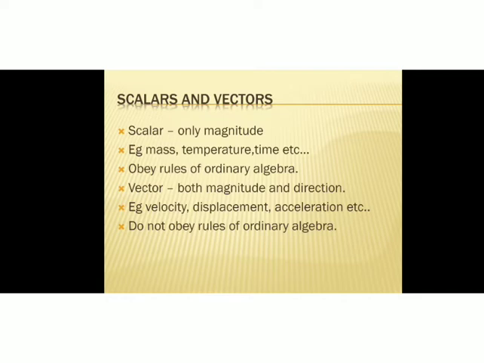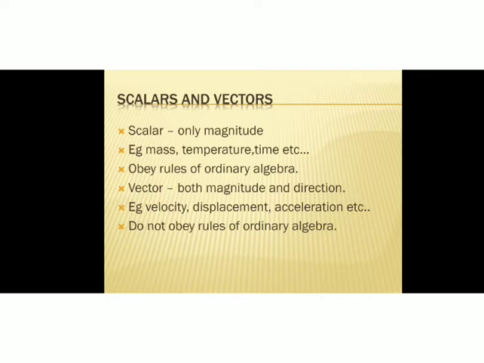And if the maximum and minimum temperatures on a particular day are 35 degrees Celsius and 24 degrees Celsius respectively, then the difference between the two temperatures is 11.4 degrees Celsius. So scalars can be added, subtracted, multiplied or divided just like ordinary numbers. That means they obey the rules of ordinary algebra.